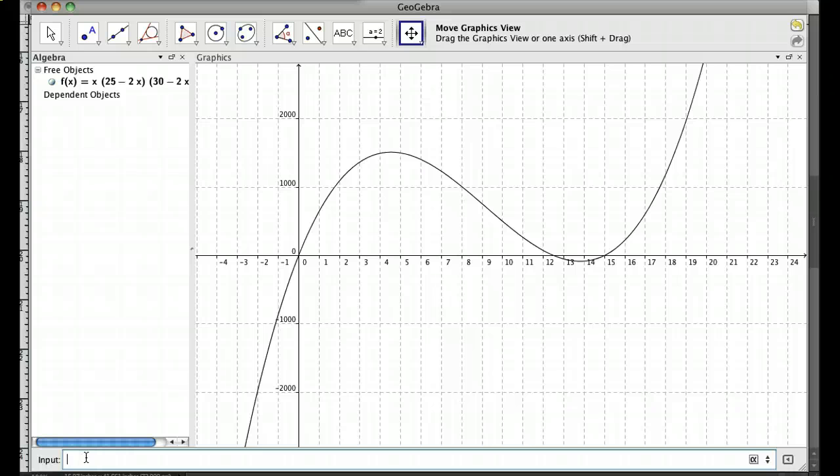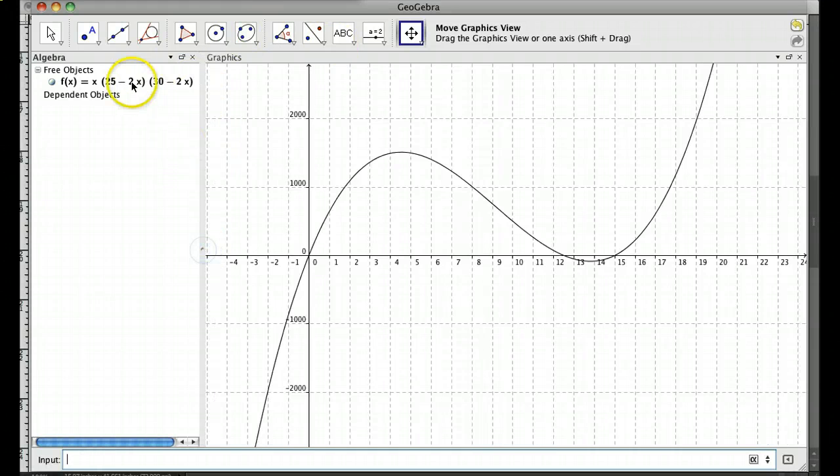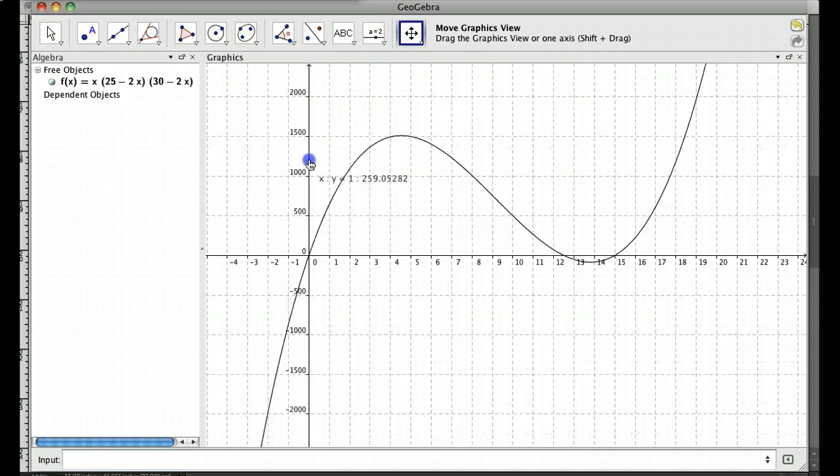Okay, now we find the function. If you examine here, that's exactly the function we need. You can adjust all this to make it better looking.